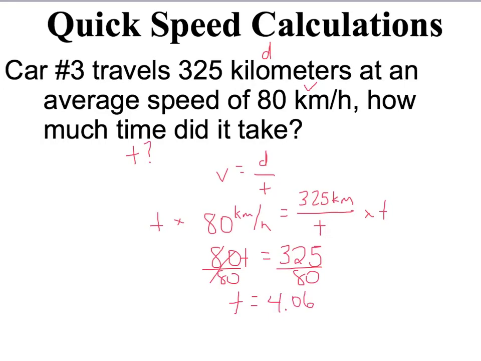Now it's a common mistake to just leave it like this, but remember, now what we have to do is make sure that we include units. In this problem, what are the units for time? Well, here they are right here. Hours. So, let's put those hours in there.